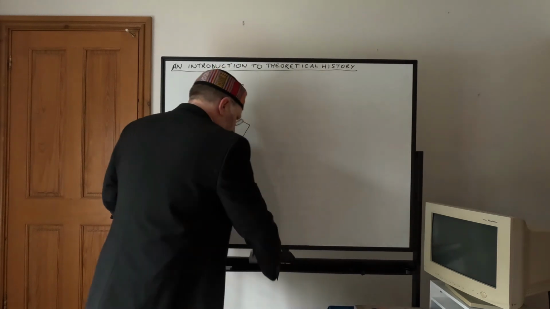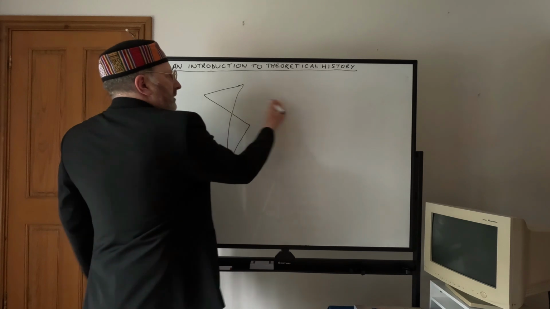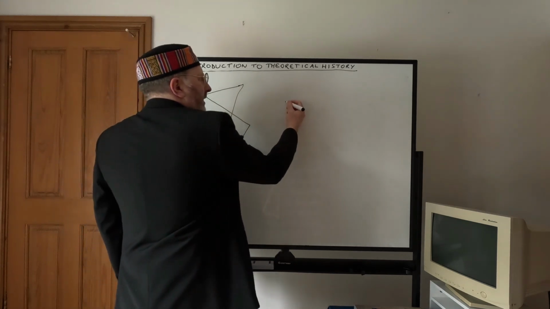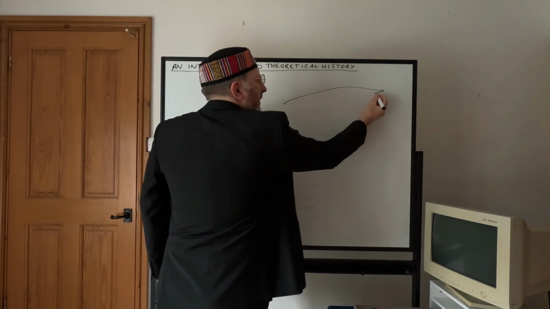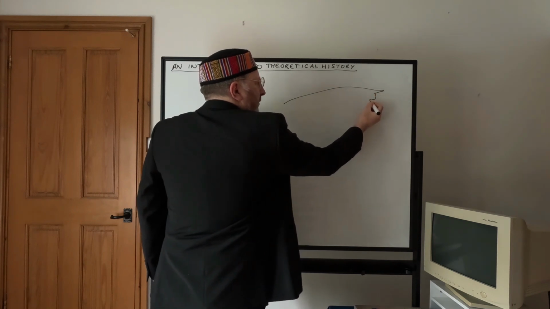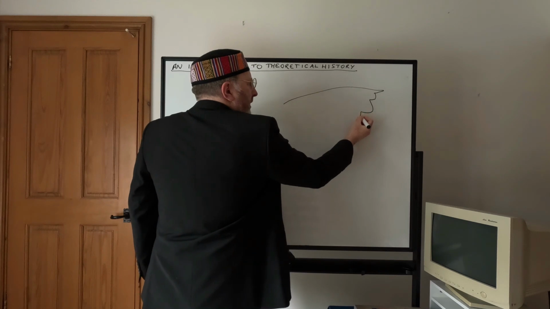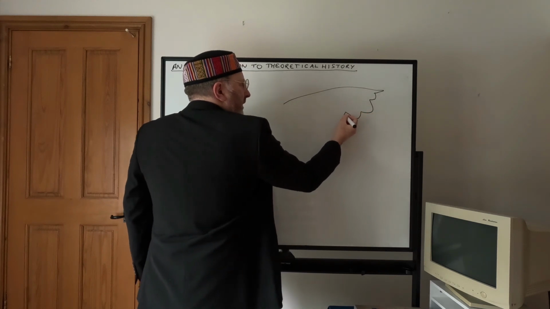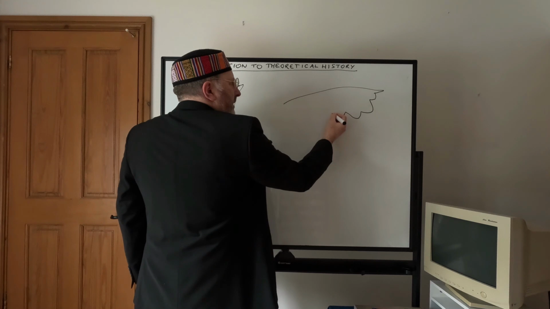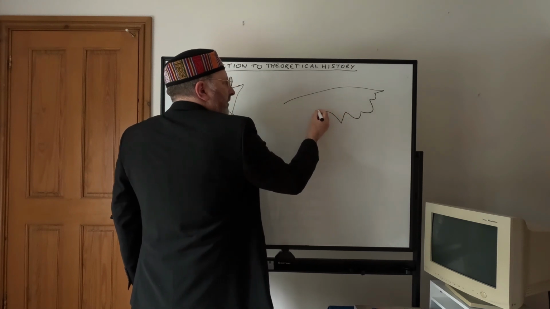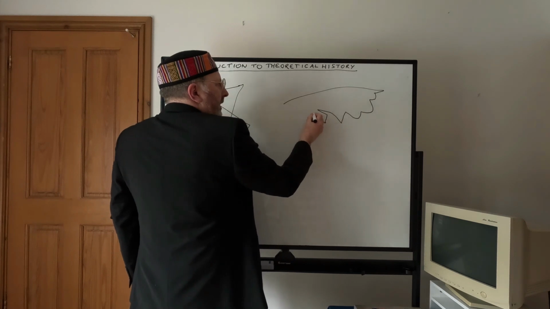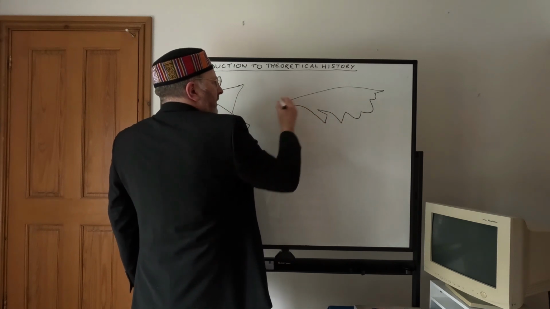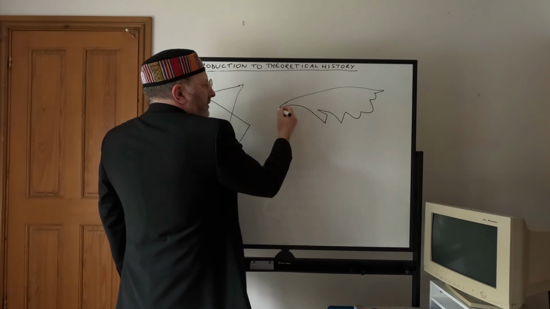But if you want to do something a bit more sophisticated, you can start here about halfway up the Americas and draw a line like that. Then it sort of comes in here. Then there are three lobes, a small one, a bigger one. That's Indochina, and then we've got India. And it kind of comes over here. We've got the Arabian Peninsula, and then you can go sort of something like that into Europe.